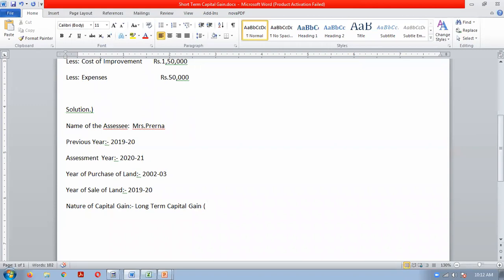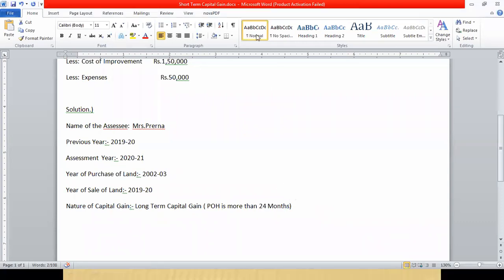Reason also, if you want, write down: period of holding is more than 24 months. That's why it is a long term capital gain. Obviously, it is around 17 years, so it will be more than 24 months, because 24 months you can take as 2 years.